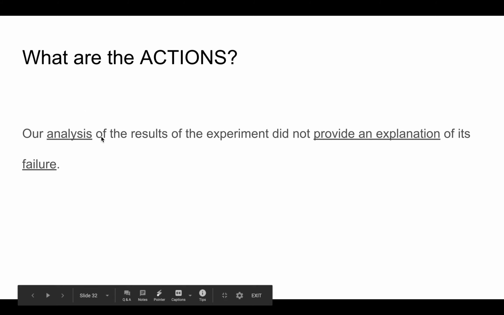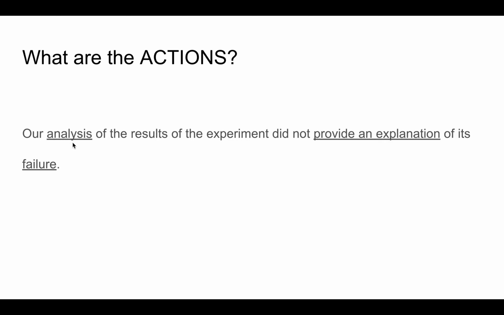Analysis. Okay. Somebody, the people here, who maybe are writing or saying this sentence, they did some kind of analysis. Our analysis of the results of the experiment did not provide an explanation. So providing an explanation, okay, providing something, that is another action. And here as well, failure. Okay. Something failed. Okay. So 3 actions, essentially, in this sentence.